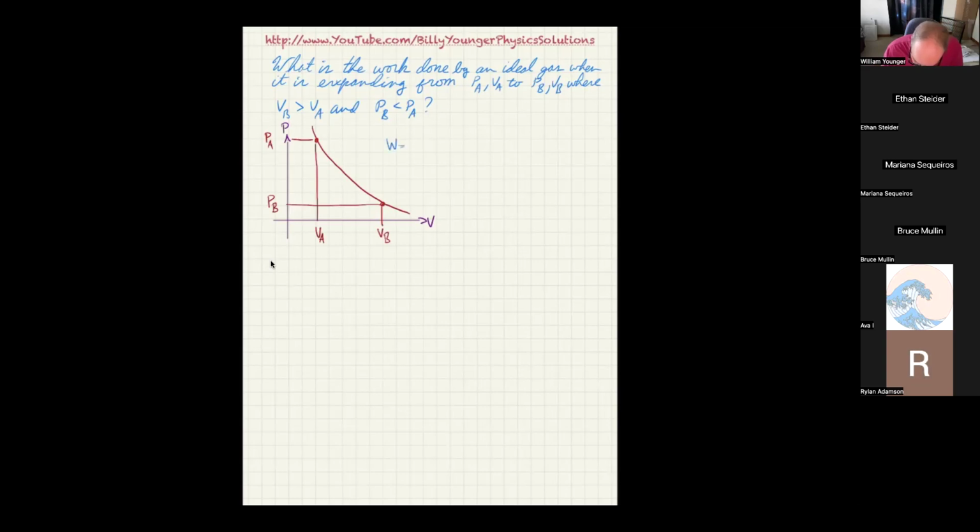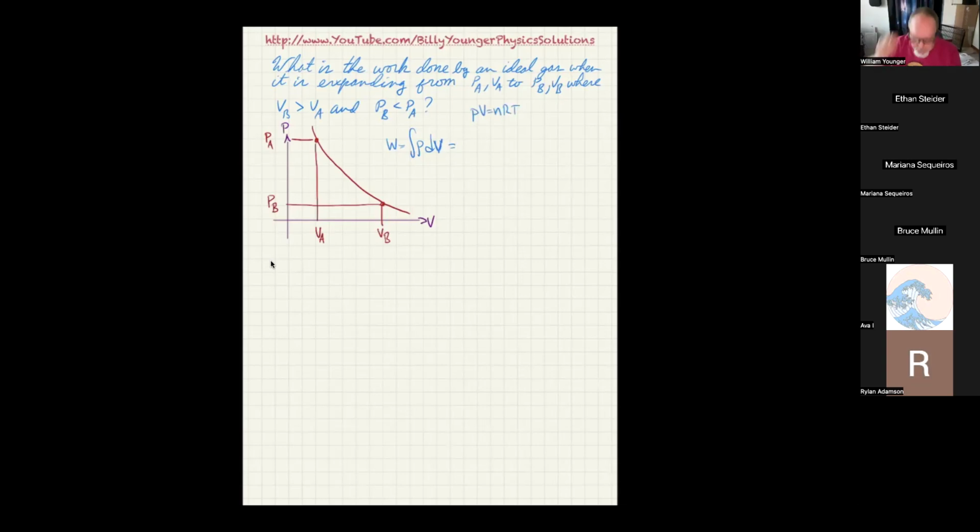Then work is equal to the integral of P dV. And from the ideal gas law, we know PV equals nRT.